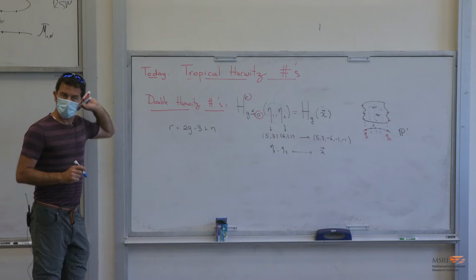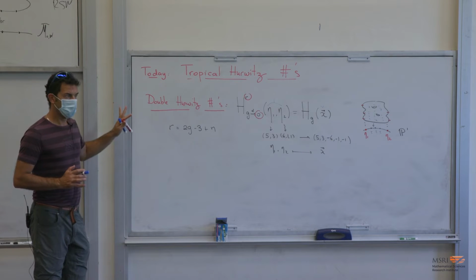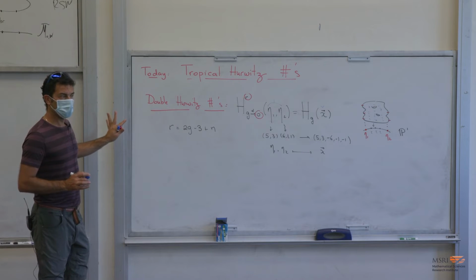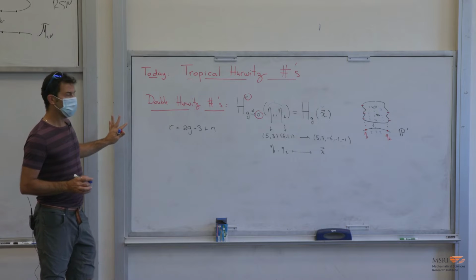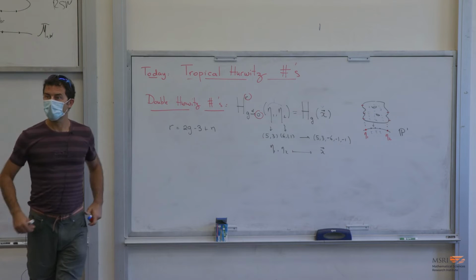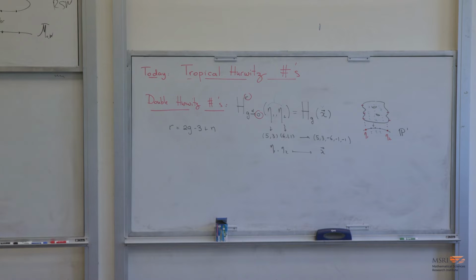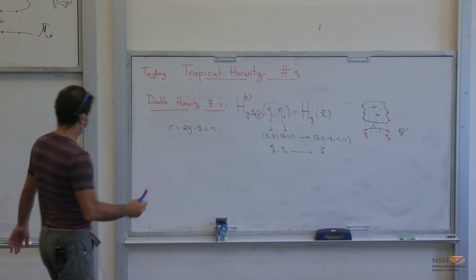Any questions on notation so far? Or the definition of double Hurwitz numbers? Yeah, Matt. So eta 1 and eta 2, the order doesn't matter. So x has an ordering? Yeah.